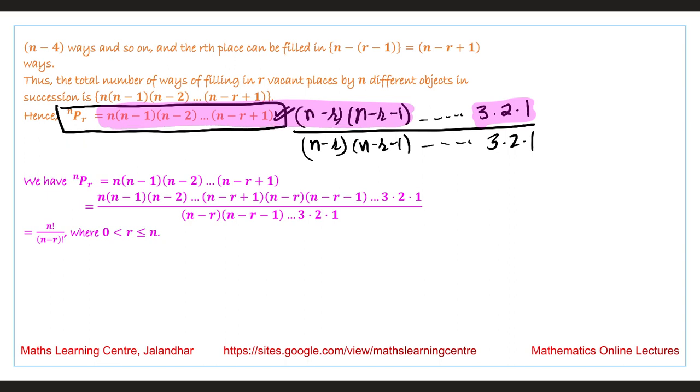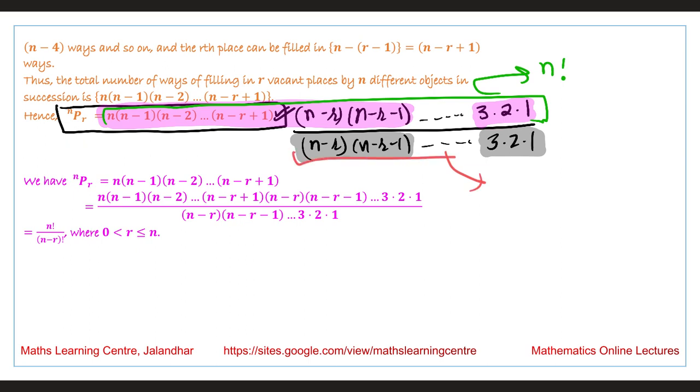This whole numerator is just n factorial. And the denominator is 1 into 2 into 3, and so on up to n minus r, which is n minus r factorial.